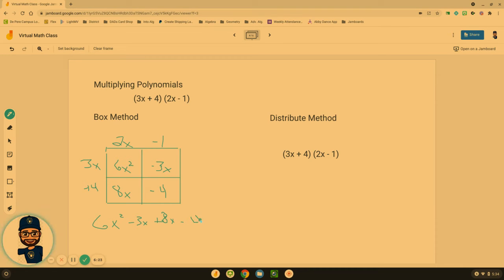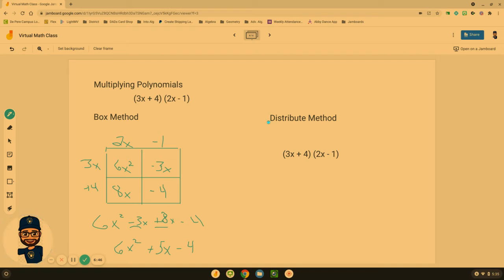But again, notice we've got 2 terms that have just the x. So negative 3x and positive 8x we can combine together because those are indeed like terms. Negative 3x plus 8x leaves me with a positive 5x. And then we've got that minus 4 out on the end.